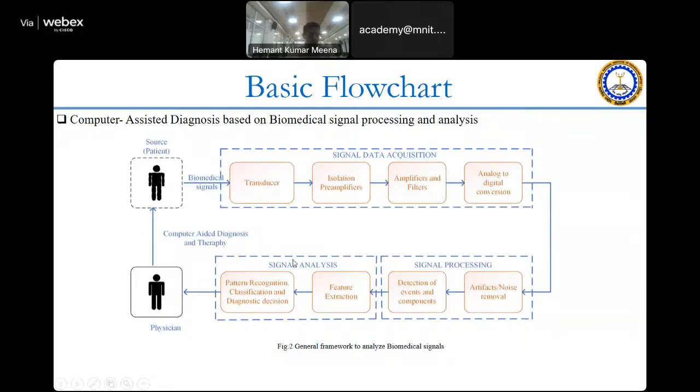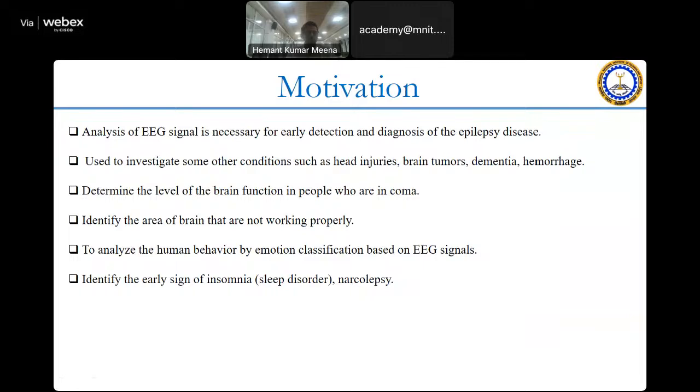Motivation. What is the motivation to go through the EEG signal? It is necessary for early detection and diagnosis of epilepsy disease. This is the key thing.